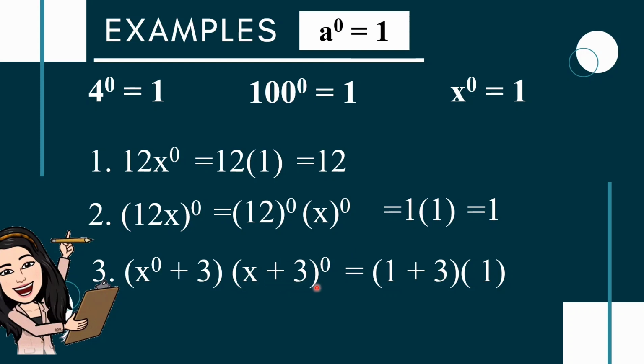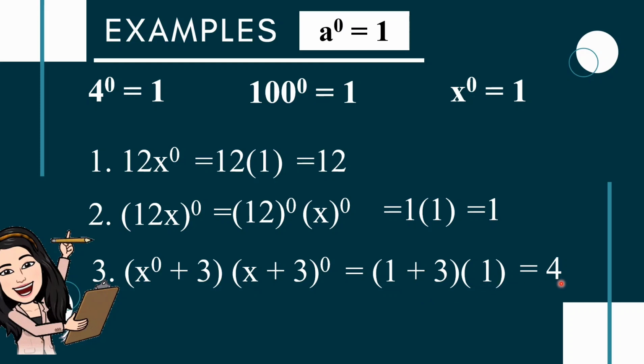Since ang buong x plus 3 or yung nasa loob na expression ng parentheses, yun ang may raised to 0. Ibig sabihin, ang buong ito ay equal sa 1. So therefore, simplify na natin. 1 plus 3 is equal to 4, and 4 times 1 is equal to 4. Nakuha ba? Good.